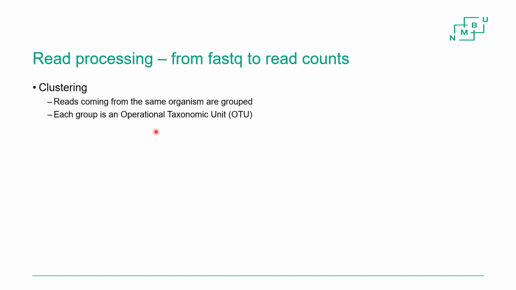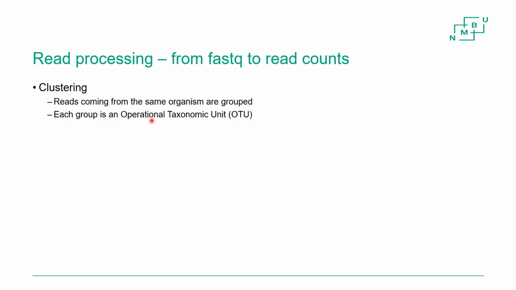So once we have done these steps, we have to do the clustering. And this is really the important step, you could say, in this processing. Because now we have all the reads, and we now want the reads that come from the same organism to be grouped into a single group, right, or cluster, so that we can see how many reads are coming from this organism.